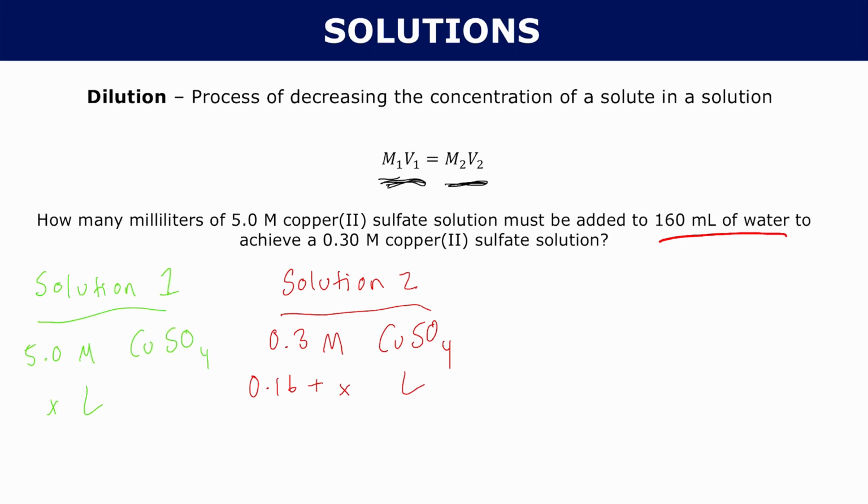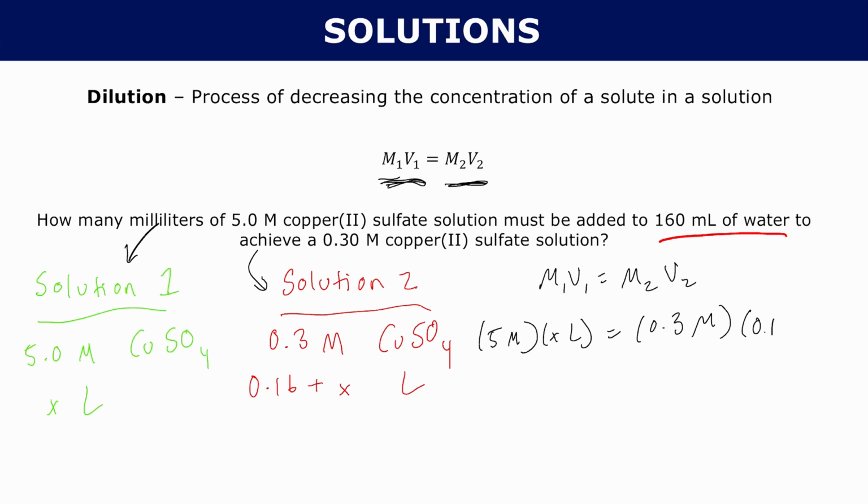And now we can use M1V1 equals M2V2. M1 is 5 molar. So M1 and V1 are based on solution 1, and M2 and V2 are based on solution 2. So M1 is 5 molar, V1 is X liters, M2 is 0.3 molar, and V2 is 0.16 plus X liters.